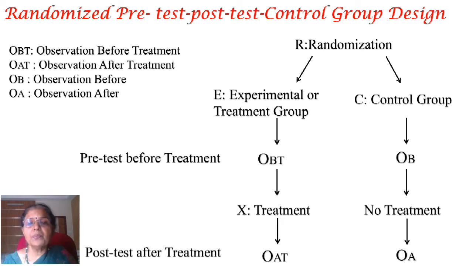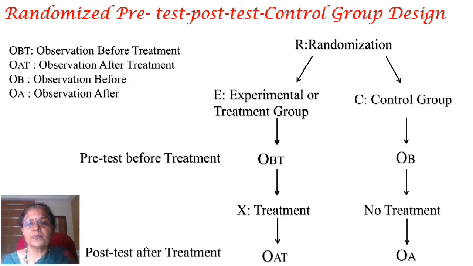The important point to be noted here is that these two groups should consist of students of same age, same intelligence level, and same motivational level. Then only we can call these two groups as equivalent groups. The only difference between them is one group is going to receive the treatment and the other one is not going to receive any treatment.